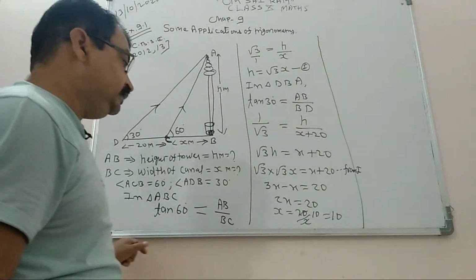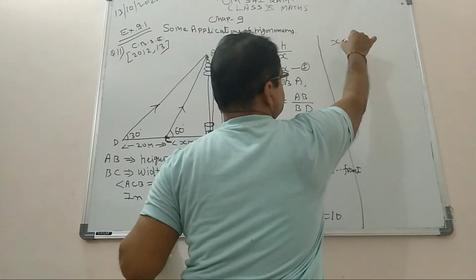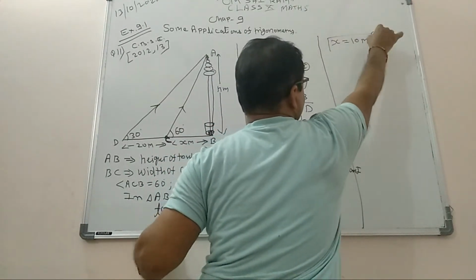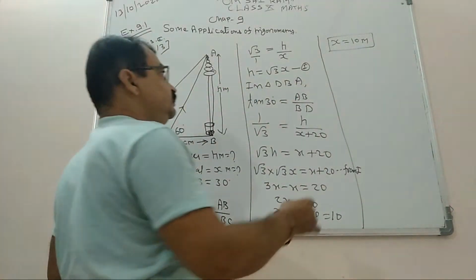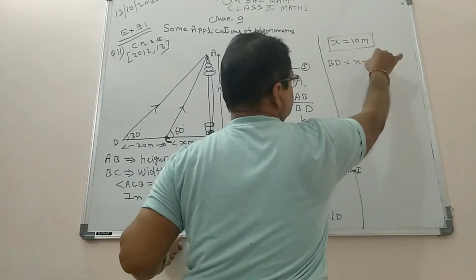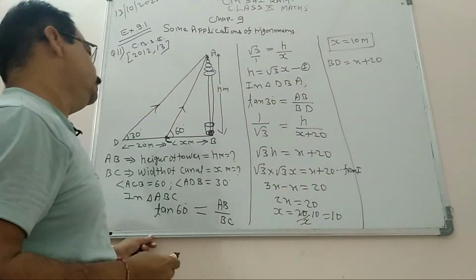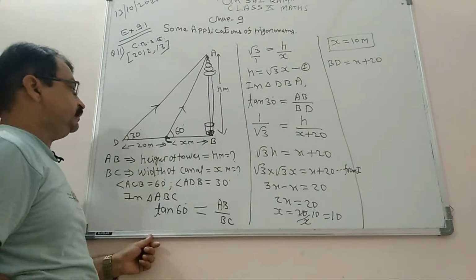So we got here the exact value for x is 10 meter. This is the width of the canal children, right? So what will be the BD? Therefore BD equal to what children? X plus 20. BD is what? X we got here 10, the width of canal is 10.